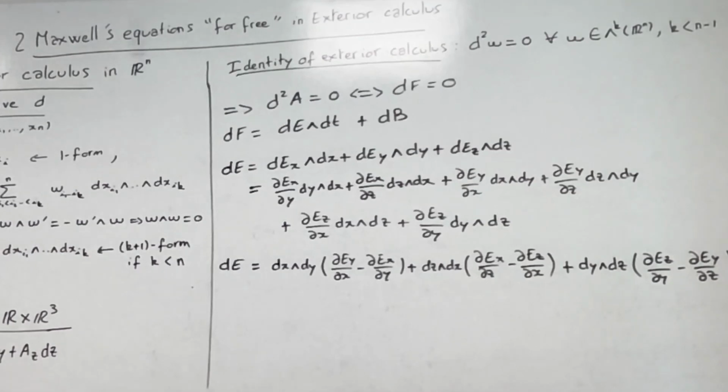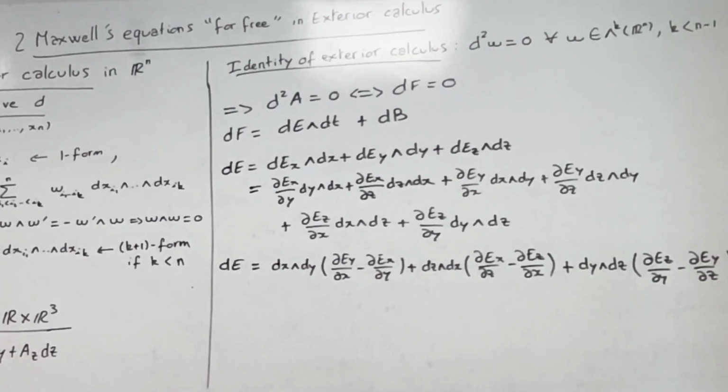For example, when I take the differential of Bx, I'm going to get dBx/dx dx plus dBx/dy dy plus dBx/dz dz plus dBx/dt dt. And the only spatial part that is going to work is the x part, the dx part, because if I have dy or dz, it's going to essentially return a zero.